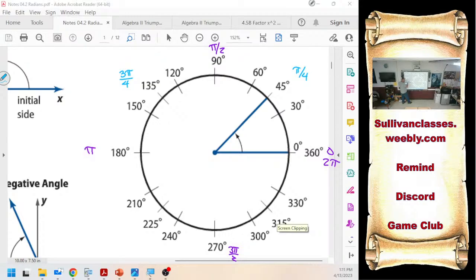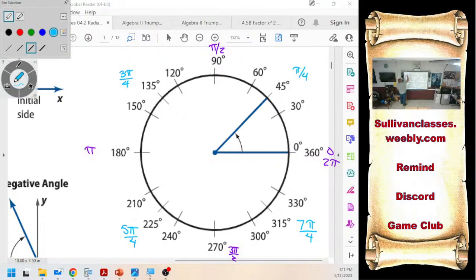What's next? At 225, 5 pi over 4. 6 pi over 4, it's already there and reduced. 7 pi over 4 at 315. And then 8 pi over 4 is already there and reduced.